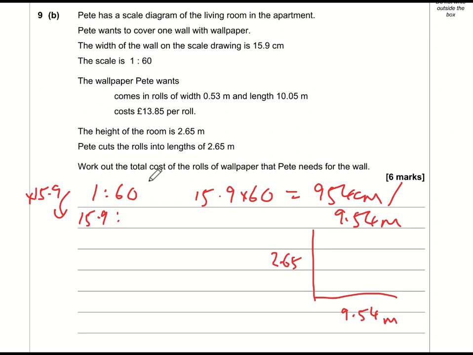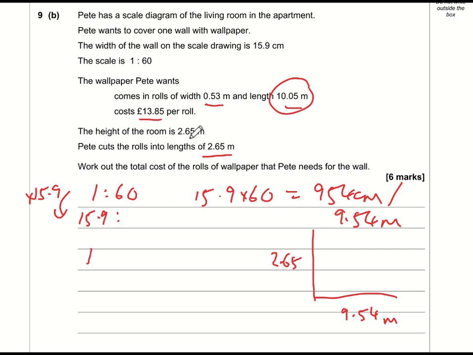So we've got the dimensions of the wallpaper, which is useful, and the price. The key thing is Pete is cutting the rolls of wallpaper into lengths of 2.65 metres. Now, if the length of the wallpaper is 10.05, how many useful strips do we get in a roll?